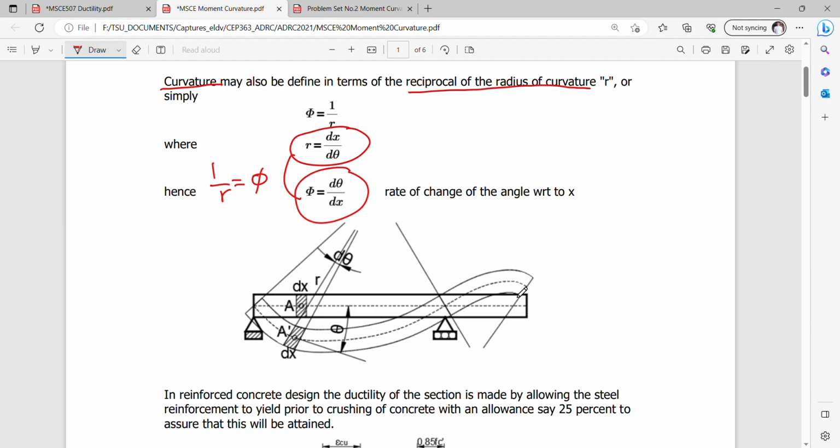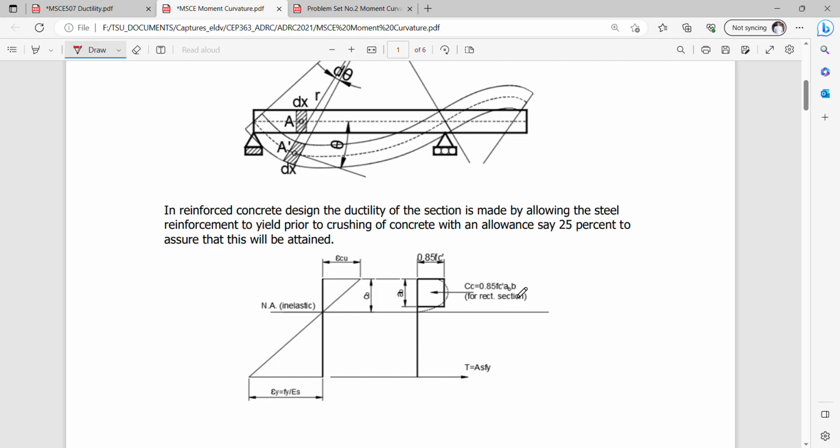So in reinforced concrete design, the ductility of the section is made by allowing a 25% reduction on the steel. So we know that rho max is actually 0.75 of rho balance. So we have here 0.75, which is actually the factor of safety I'm talking about. The reciprocal of 0.75 is 1.33 to give way to an assured ductile failure.